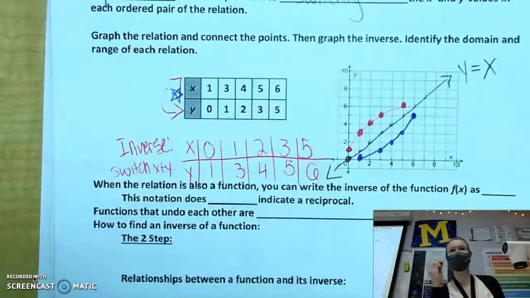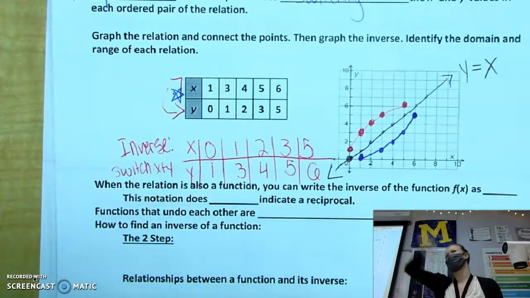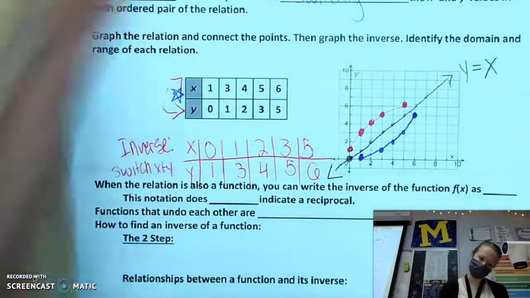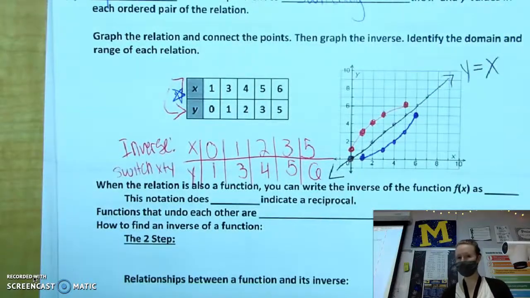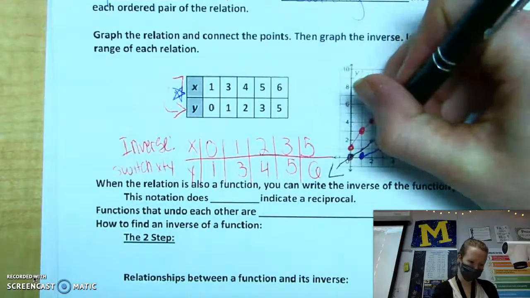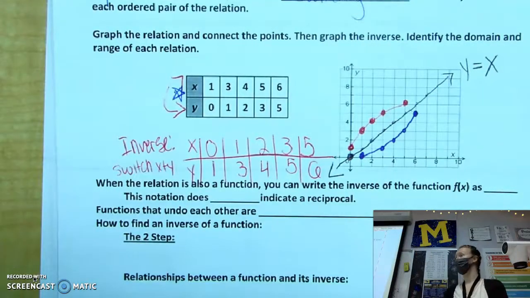The tricky part about doing the reflections over the line y equals x is it's not just up and down. So you have to turn your paper to the side and go kitty corner to kitty corner. But if you're a visual person and like measuring distances corner to corner, go for it, right?